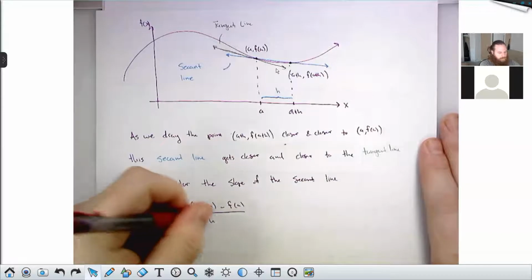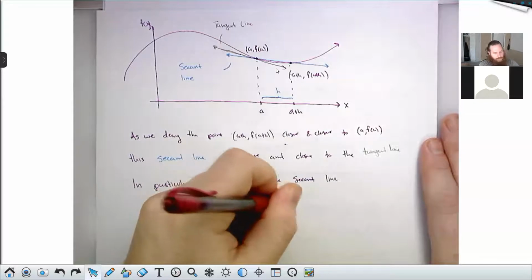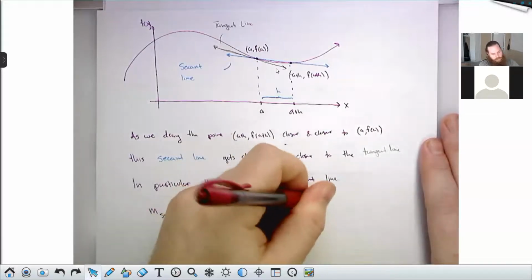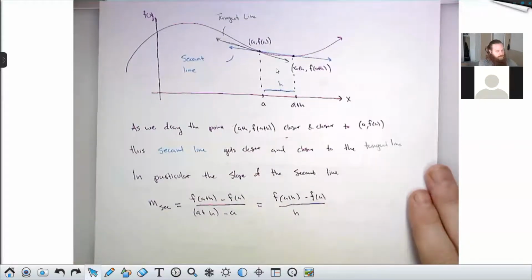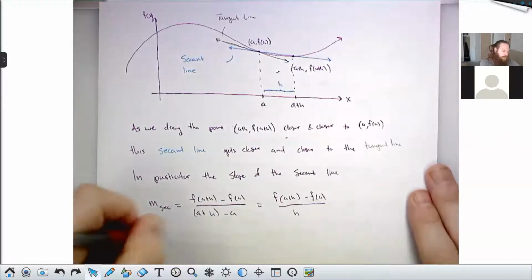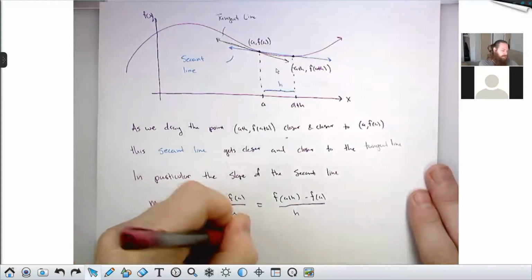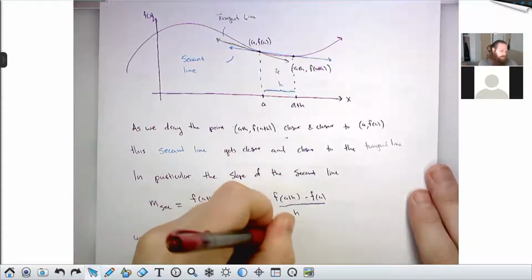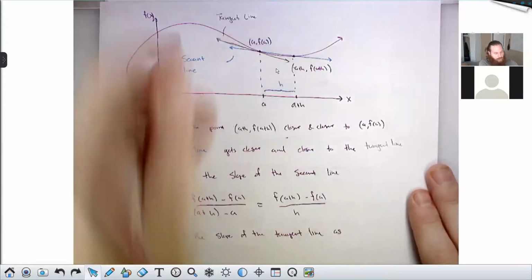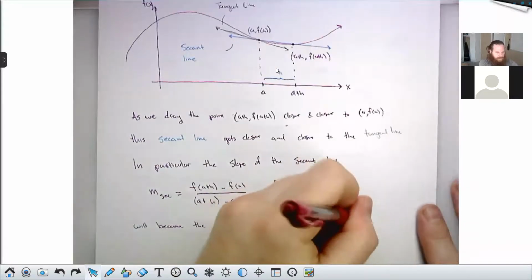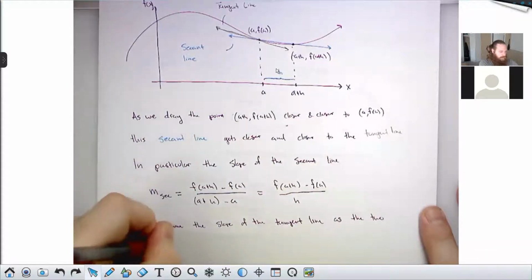You can write this as a plus h minus a, so that simplifies to f of a plus h minus f of a all over h. In particular, this slope of the secant line will become the slope of the tangent line as the two points come together.